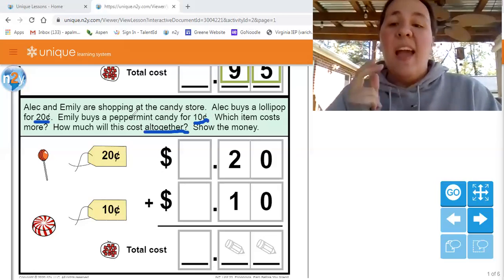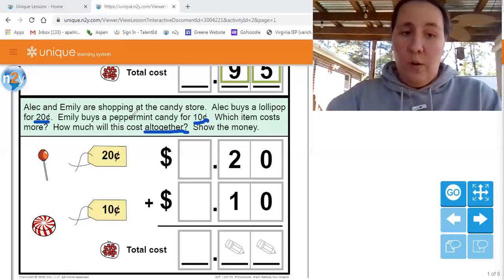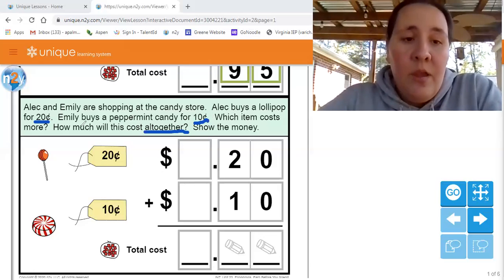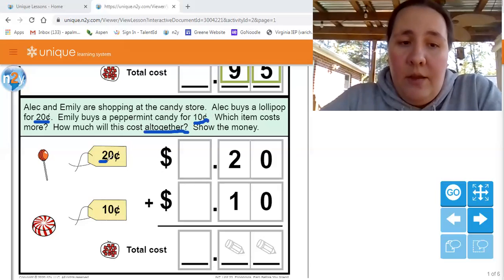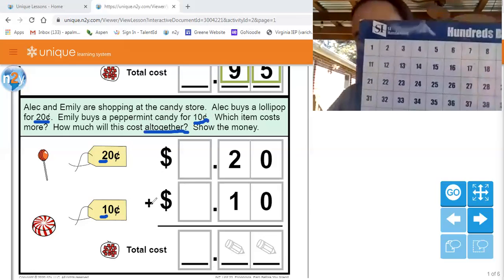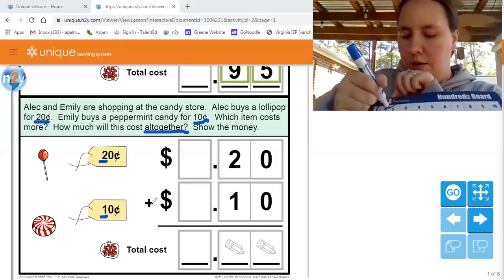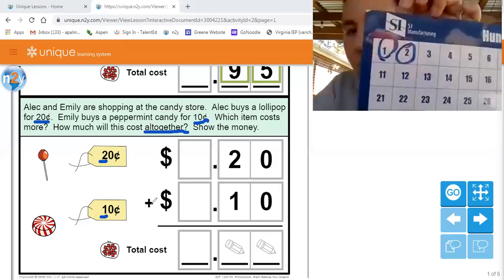Okay, so I have 2 questions in this word problem. I need to know which one costs more, so let's do that first. I'm going to underline my biggest place value. So I have a 2 and a 1. And now remember, I'm going to circle those on my hundreds chart, okay? So I'm going to circle the 1, and I'm going to circle the 2.